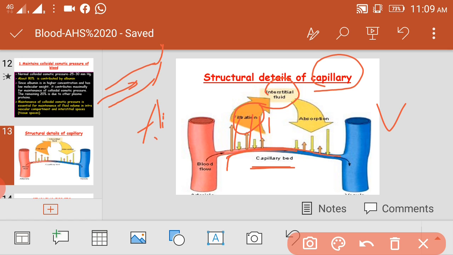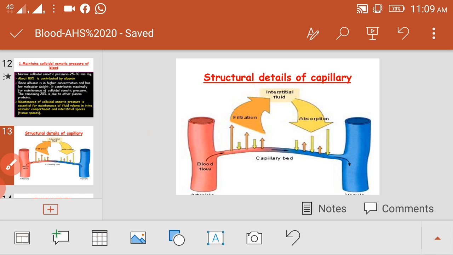When it is going to the venous end, absorption takes place from the cells. The waste materials are absorbed at the venous end. So this filtration and absorption has to take place.